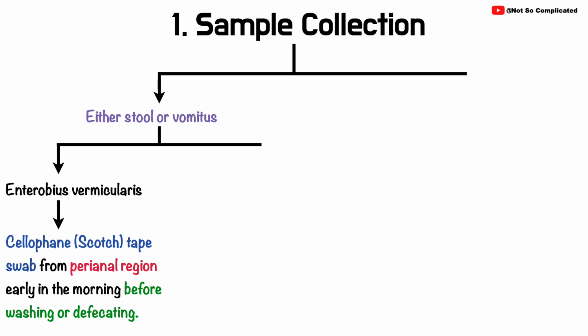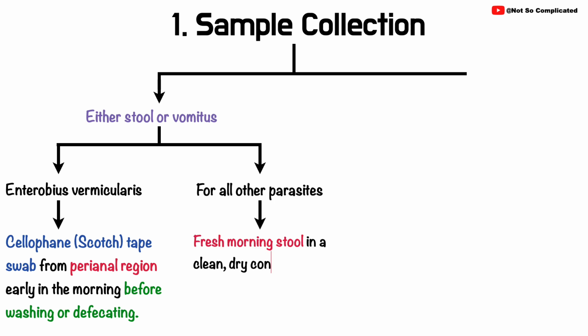Stool is not diagnostic in this case, but for all other parasites we do fresh morning stool sample collection in a clean dry container for 3 consecutive days, and it should be positive on 3 consecutive days, right? So that is when we prove that the patient is suffering from that particular parasite.